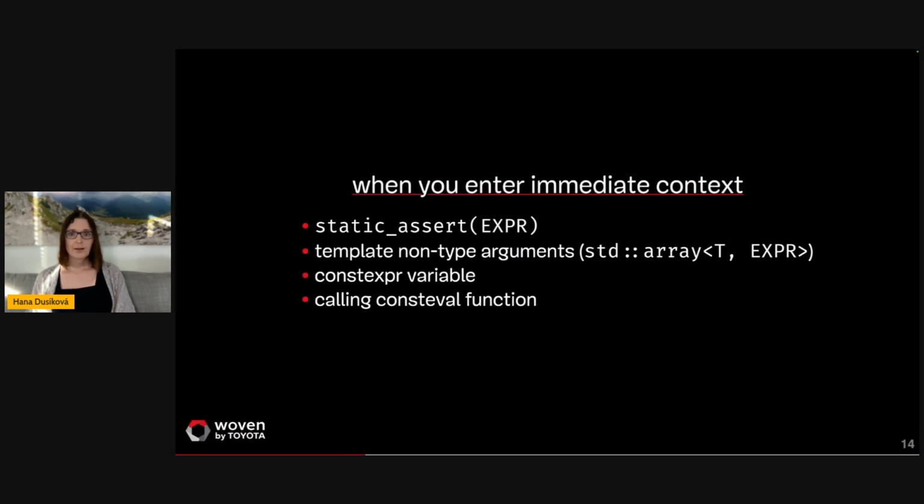So when you enter an immediate context, also for instantiation, if you have a template constexpr function, every time you instantiate the template function and the argument depends on a template argument, it will be evaluated. So during compilation of your C++ program, there are multiple constant evaluations, and it's running the C++ program you wrote.